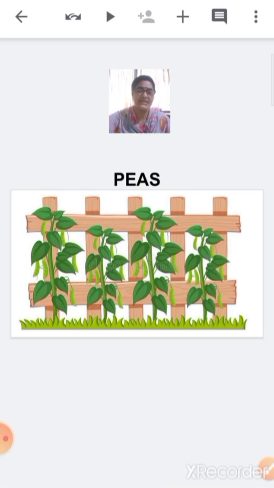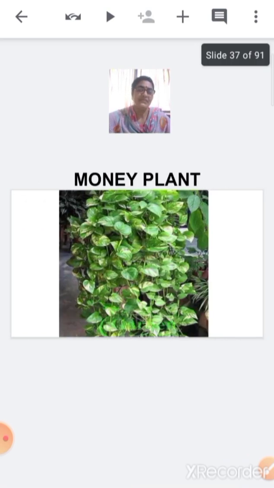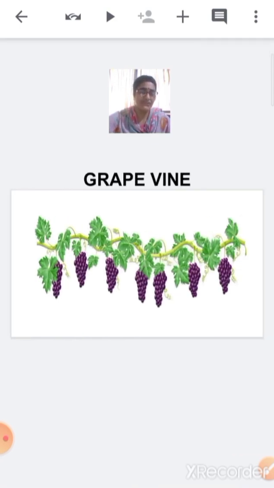Peas, okay, it has a very weak stem, it can't stand on its own, so it takes the support of a pole. Okay, the next one is money plant. Money plant is also an example of climbers. Grapevine. Okay, all these are examples of climbers.